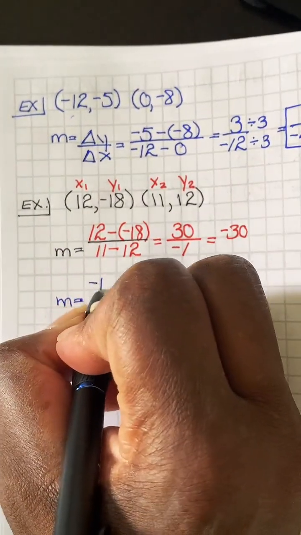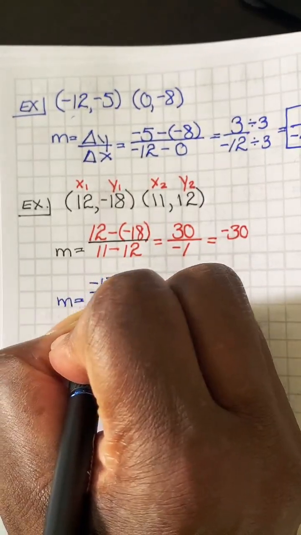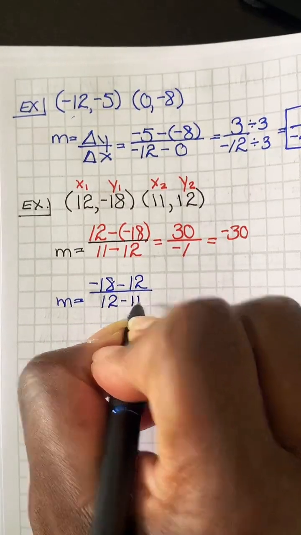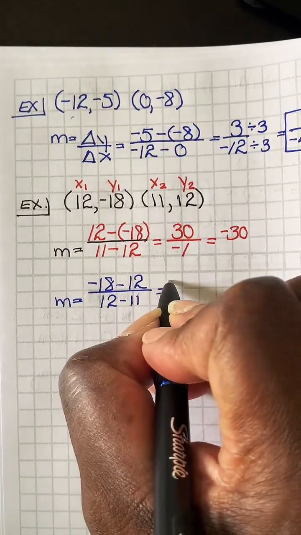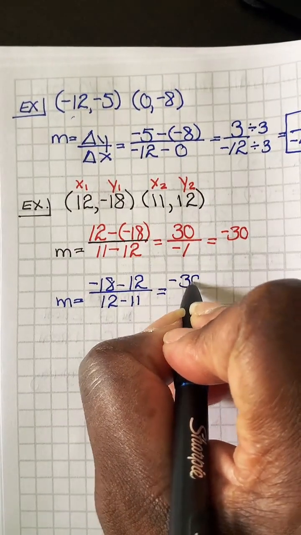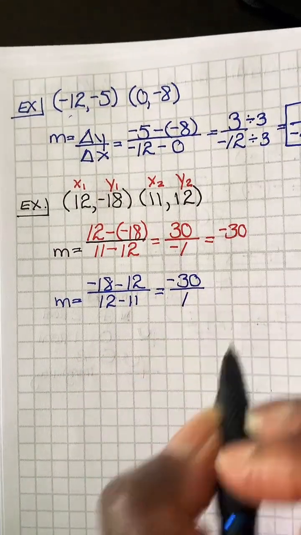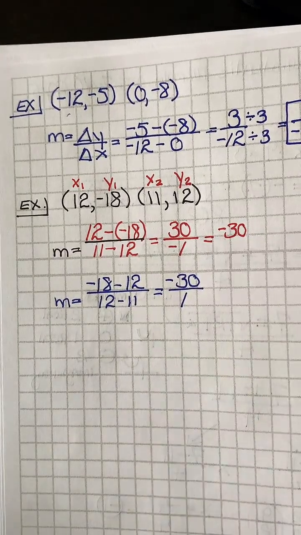So you have negative 18 minus 12 over 12 minus 11. Negative 18 minus 12 gives me negative 30, and 12 minus 11 gives me 1. So you get the same answer.